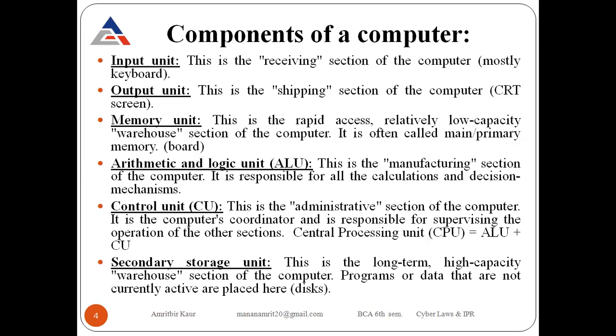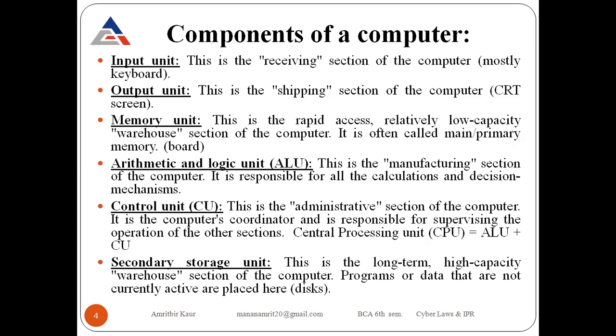Then storage, as I discussed, this is long term. We can say permanent storage. It can hold data for long term. High capacity, but their speed is slow as compared to memory.